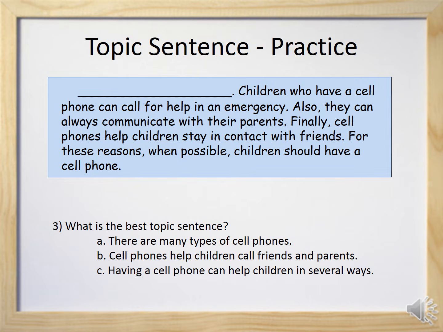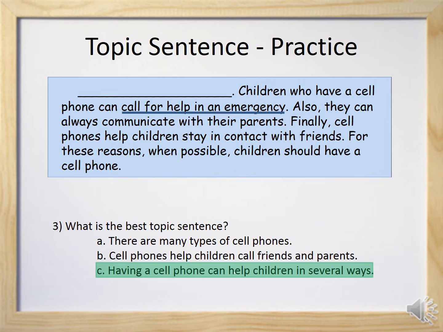Question 3. What is the best topic sentence? The answer is C. Having a cell phone can help children in several ways. How do we know that's the correct answer? Again, we look back at the details to see which topic sentence they explain and support. Detail sentence 1 tells us that cell phones can help children call for help in an emergency.